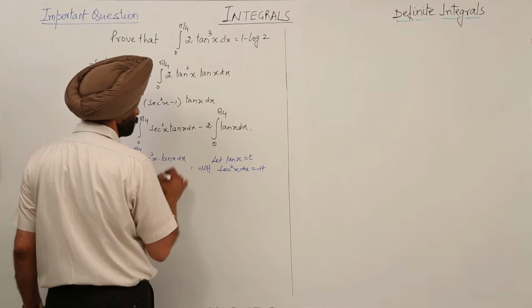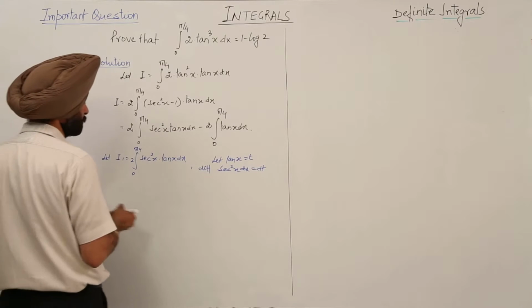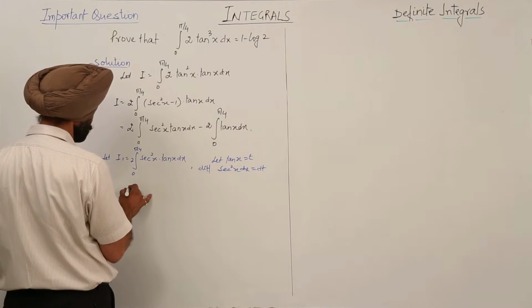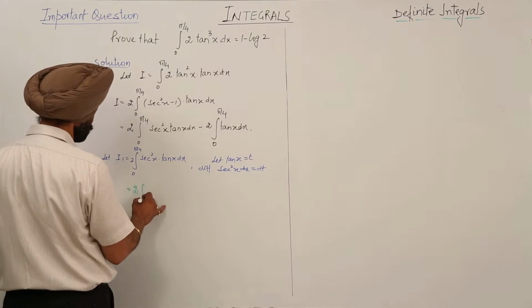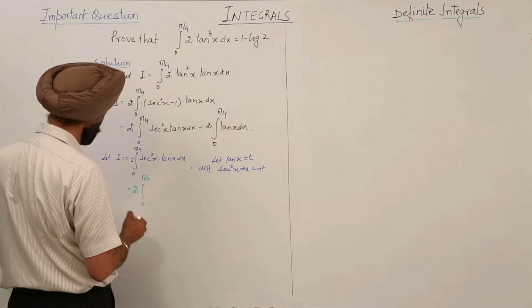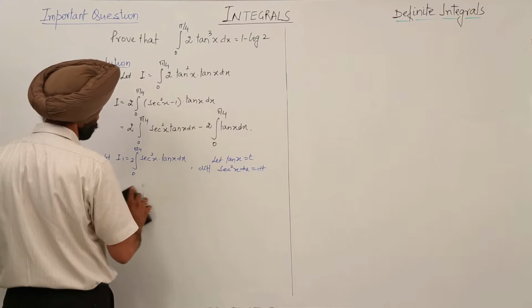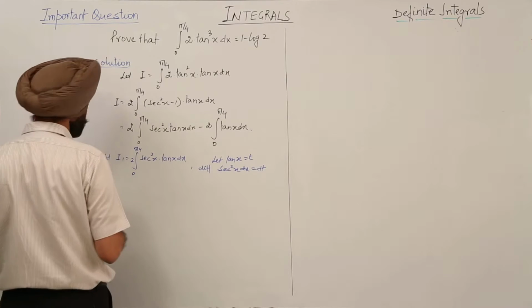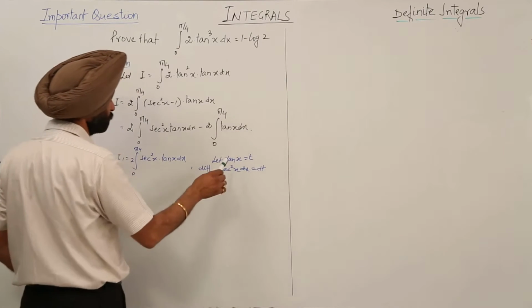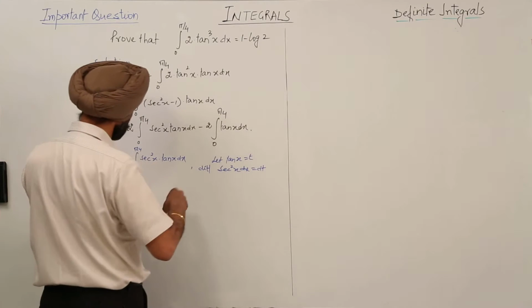So the question becomes now from 0 to pi by 4. Let's change the limits also, because if we are not changing the limits, then we have to put tan x again in place of t. So better is to change the limits.